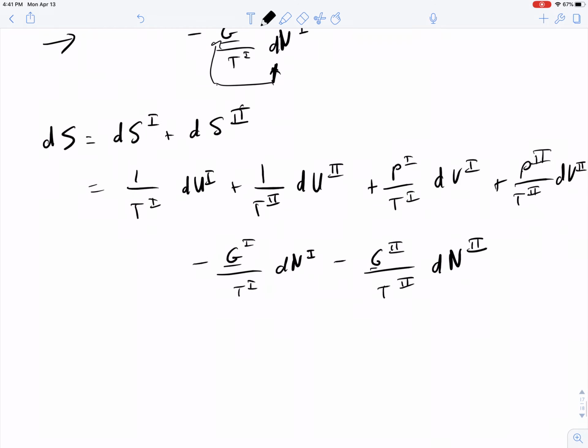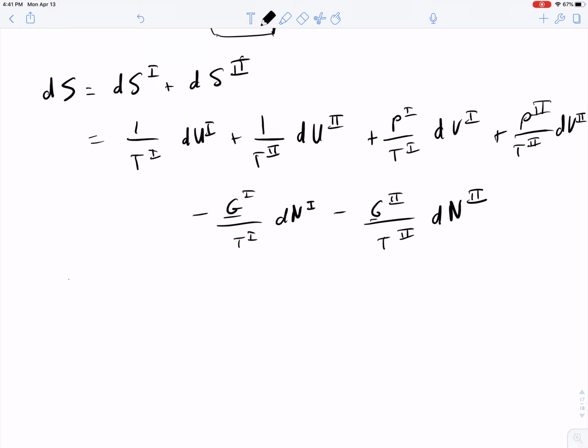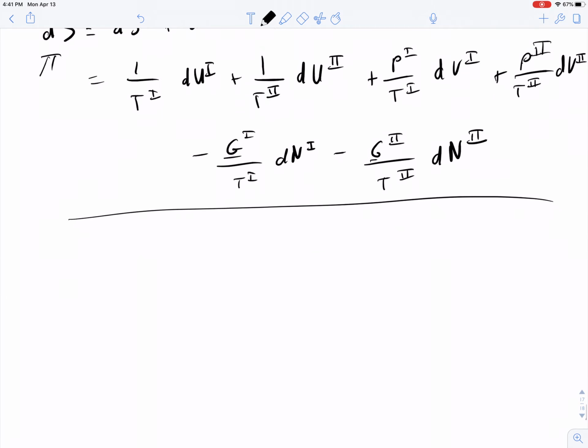But because this is a closed system, and the summation is a closed system, we have one more simplification.